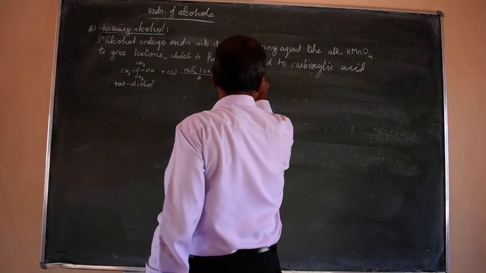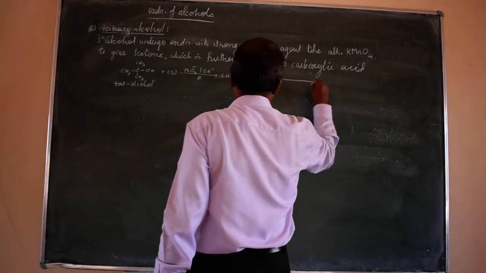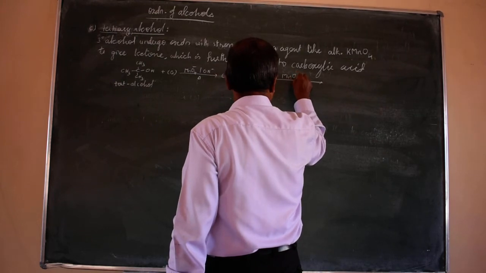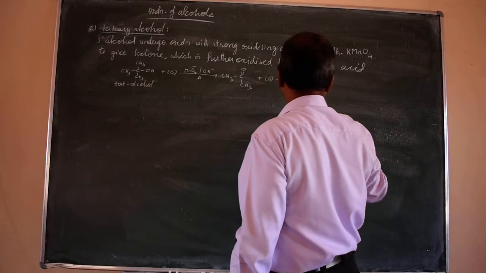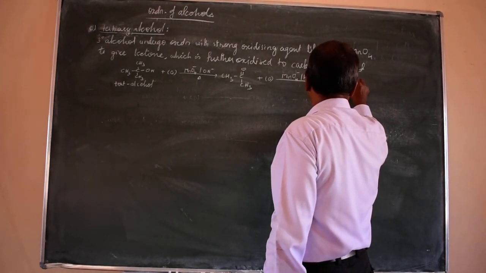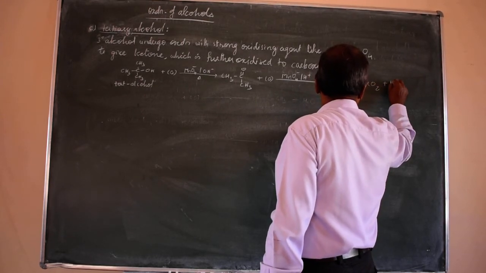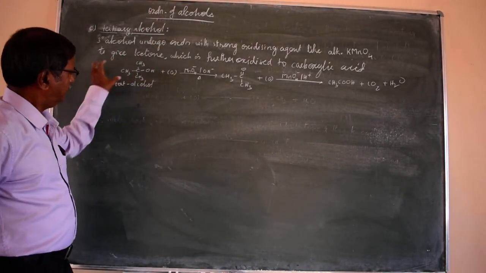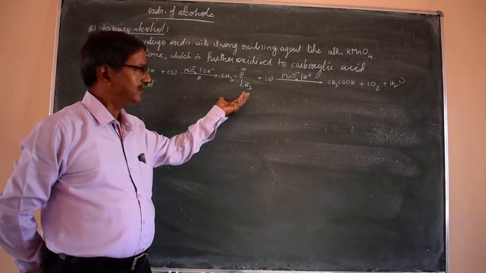So ketone further undergoes oxidation by using MnO4 again when it is heated for a long period or long time. The product is CH3-COOH, CO2 and H2O. Well, in this case, tertiary alcohol is converted into ketone.